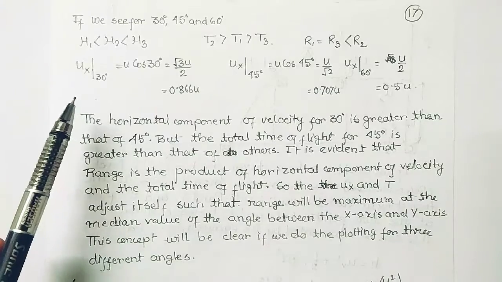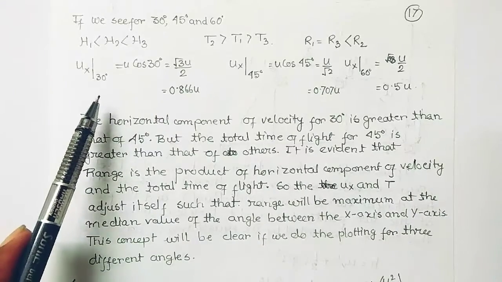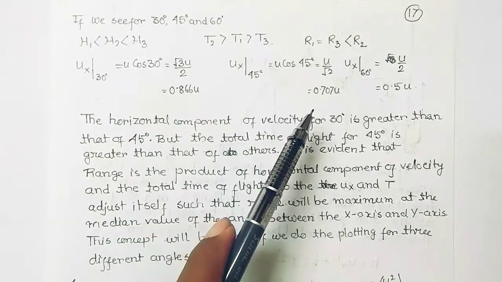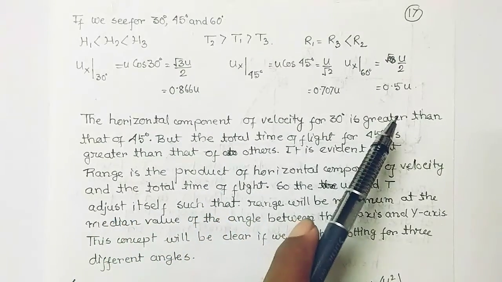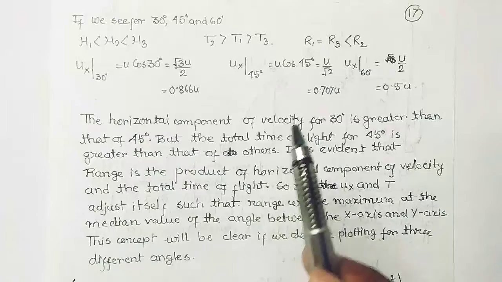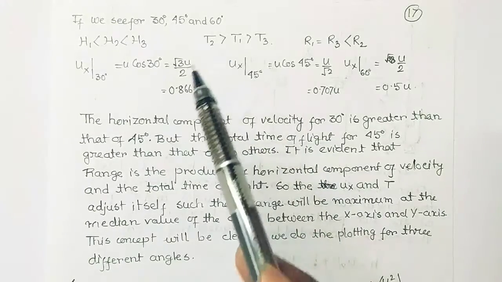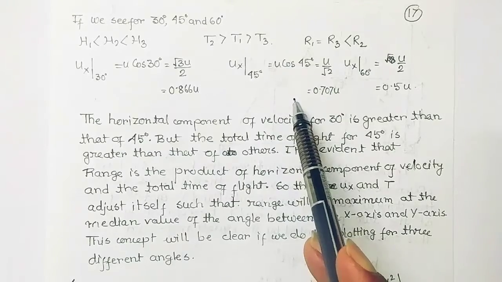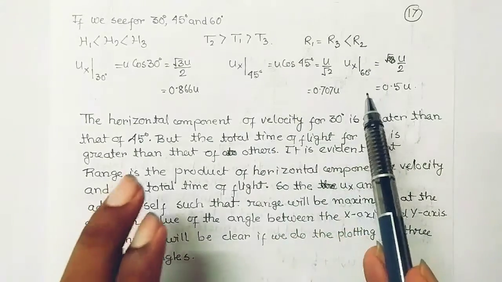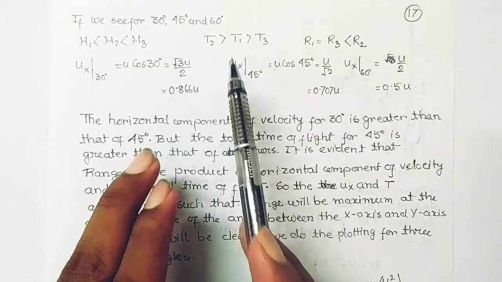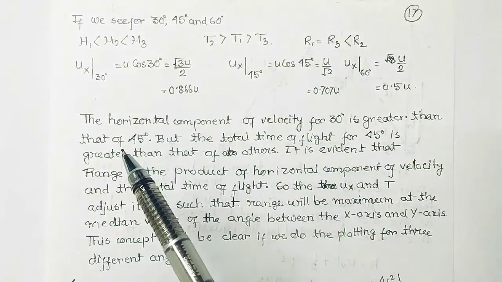And if I talk about the Ux, just see, at 30 degree it is 0.866, at 45 degree 0.707, at 60 degree it is 0.5 into u. So just think, at 45 degree the time of flight is maximum and Ux is somewhere in the midway between 30 degree and 60 degree, but since the time of flight is maximum, the range will be maximum.